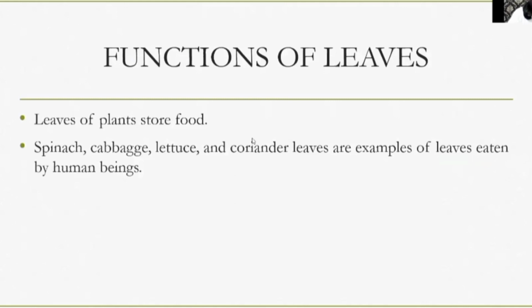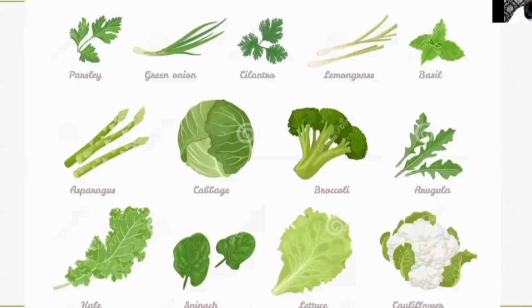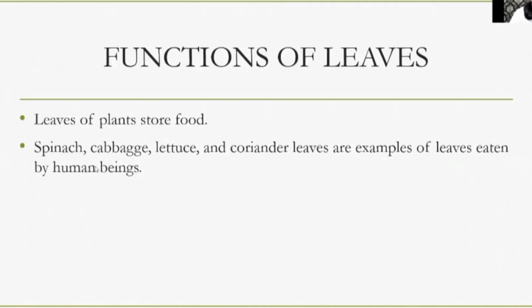For example, spinach, cabbage, lettuce and coriander leaves are examples of leaves that we eat as human beings. Other leaves that we eat include cauliflower, kale and basil. So these are all leaves that we eat.